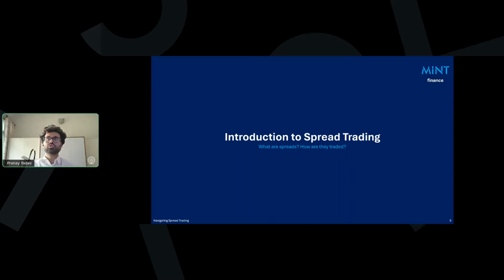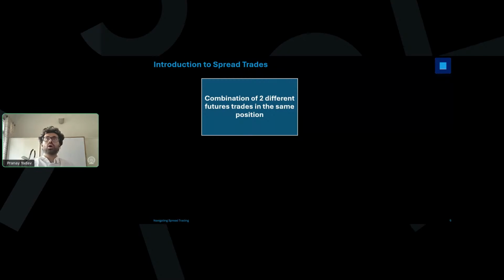Let's start with an introduction to spread trading. What are spreads and how are they traded? I'd like to start with an example above all else. So, spread trades are a combination of two different futures trades in the same position.